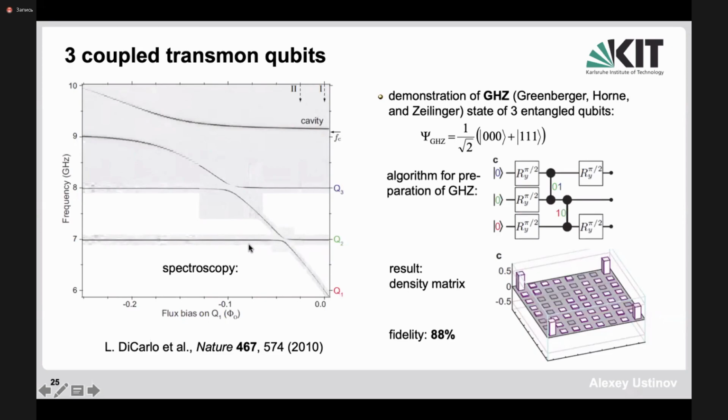Qubit 2 has a fixed frequency, qubit 3 has a fixed frequency, and the cavity also has a fixed frequency. However, if you tune qubit 1 in frequency, changing the flux and moving it to higher frequency, then you see qubit 2 has very strong interaction with the cavity. So the coupling was very strong. And of course, here the coupling strength is simply measured by this gap. As you see, it was almost a gigahertz, or half a gigahertz here. And the second order coupling was observed between qubit 2 and qubit 3.